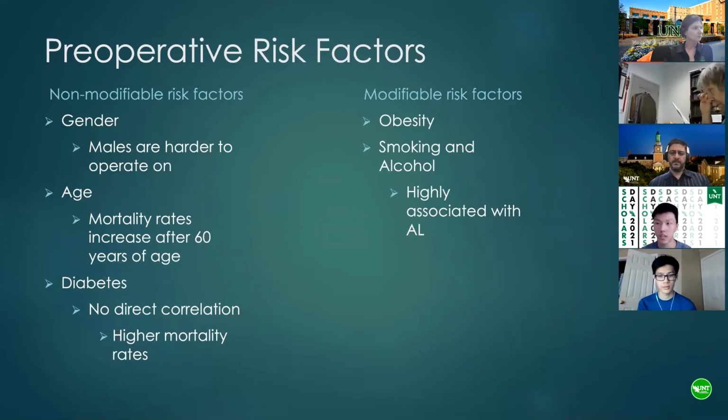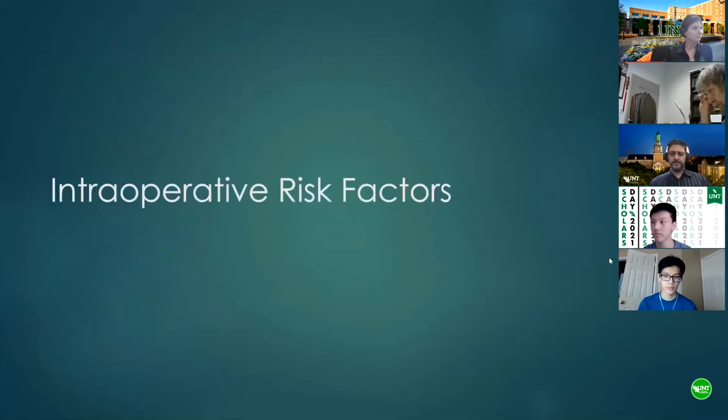Mortality rates are also generally increasing with age, specifically after around 60 years. And although diabetes has no direct correlation with anastomotic leakage rates, it can lead to higher mortality rates. For modifiable risk factors, there are factors such as obesity, smoking, and alcohol. And in general, through many studies, these are found to be highly associated with anastomotic leakage rates.